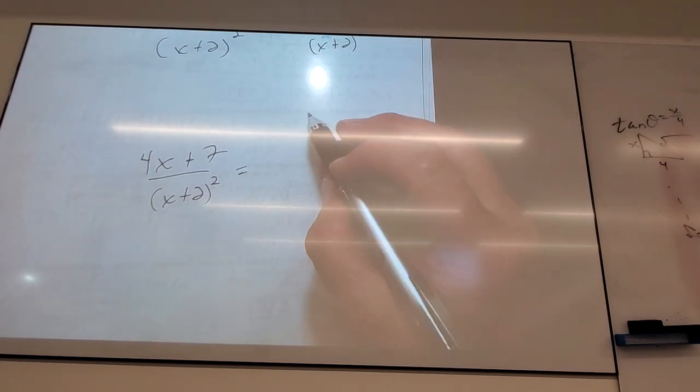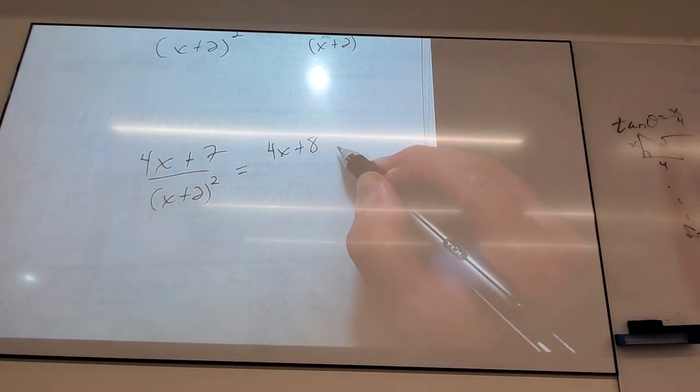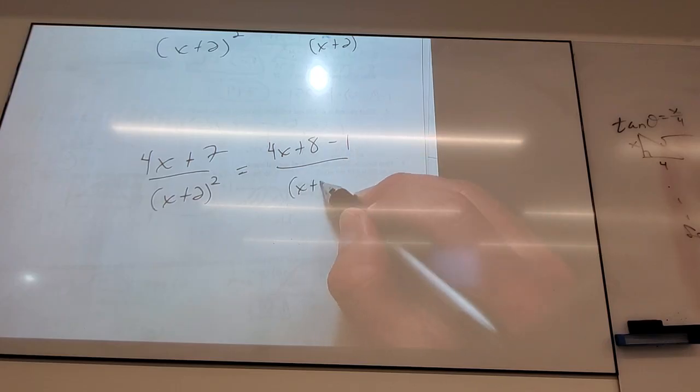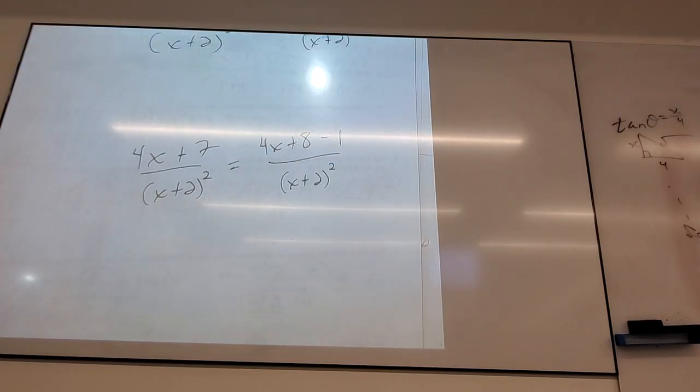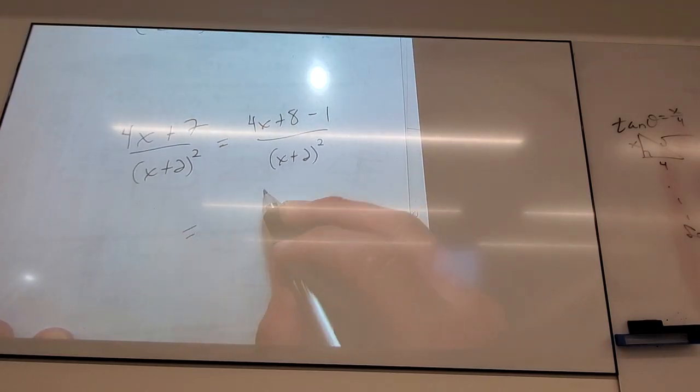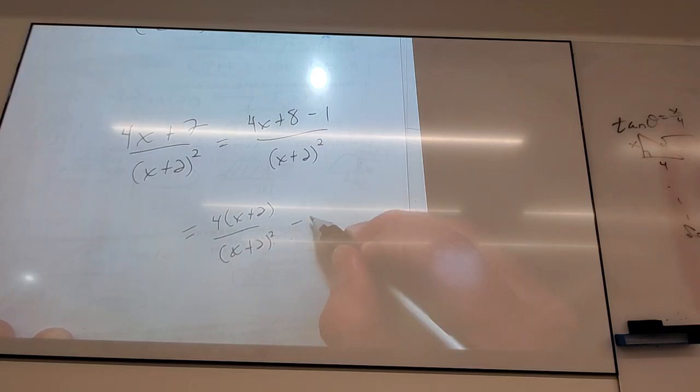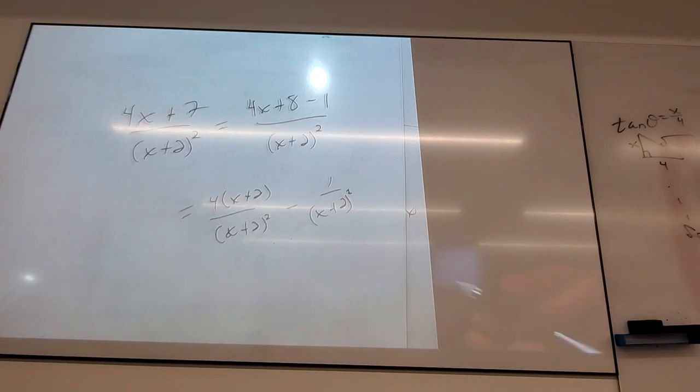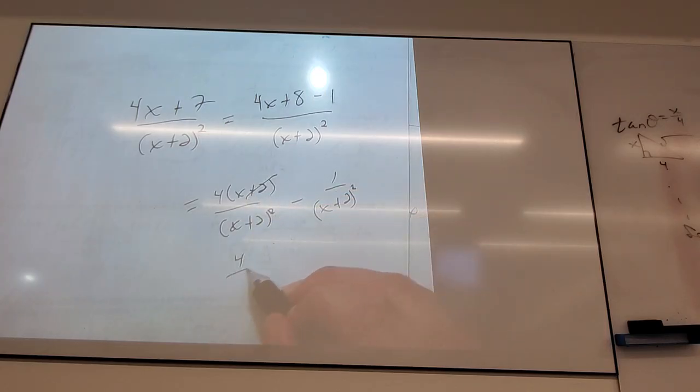Isn't this 4x plus 8 minus 1 over x plus 2 squared? Just watch. You guys with me? I haven't done anything insane yet. Isn't this 4 times x plus 2 over x plus 2 squared minus 1 over x plus 2 squared? And isn't this 4 over x plus 2 minus 1 over x plus 2 squared?